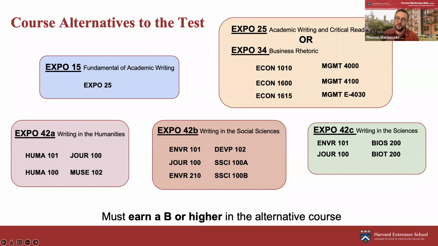So if you understand correctly, you would have to take Expo 15 in order to take Expo 25 in order to move on to one of those econ or management courses if you weren't to take Expo 34, business rhetoric. In all cases, for all of these alternate courses that you could take in lieu of the exam, you must earn a B or higher for it to count towards that prerequisite requirement.